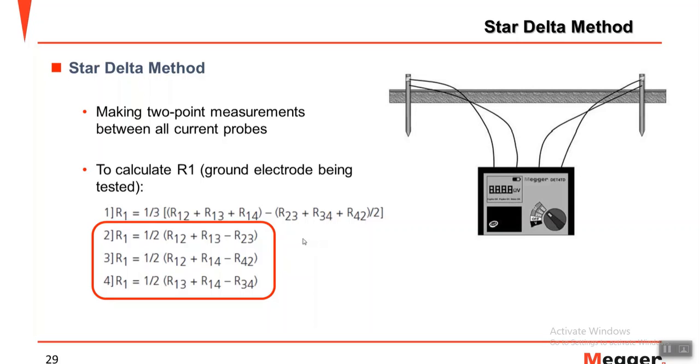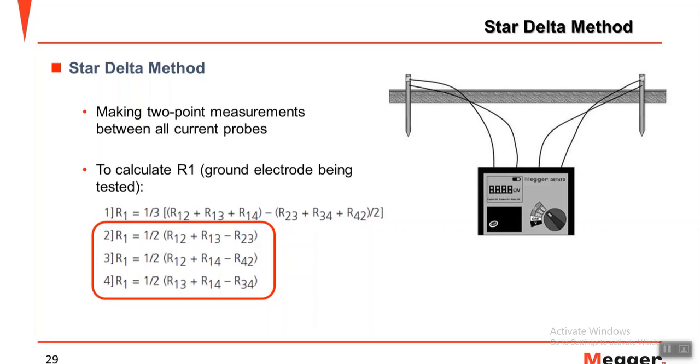You get the value from this formula, and then you calculate again with the different formulas. So every resistance you need to calculate with the three-way formula, and then you can compare the results. If the results are close to each other, it means the measurement is valid, and you can use it as your reference.